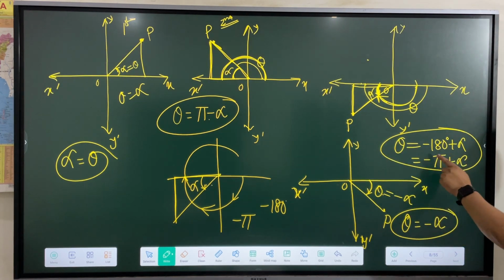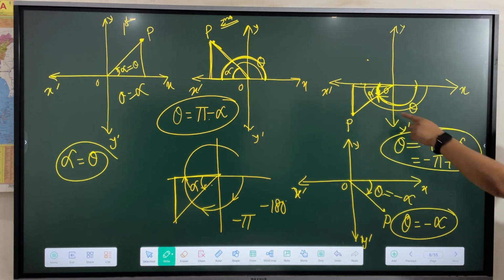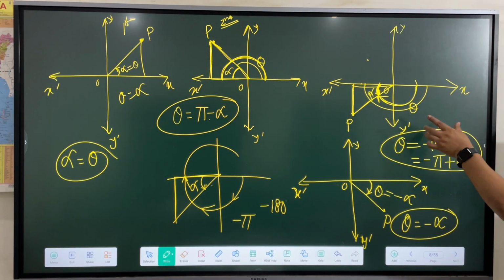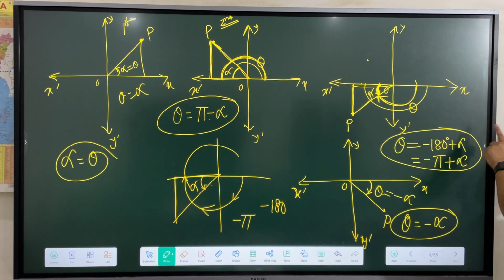Third quadrant is minus pi plus alpha, that is minus pi plus pi by 4, or minus 180 degree plus 45. This one I already explained in page number 8. Look at page number 8, please go back and learn this one. See what is done. So theta is equal to minus 180 plus alpha, or minus 180 plus 45, because we have got alpha, same thing.